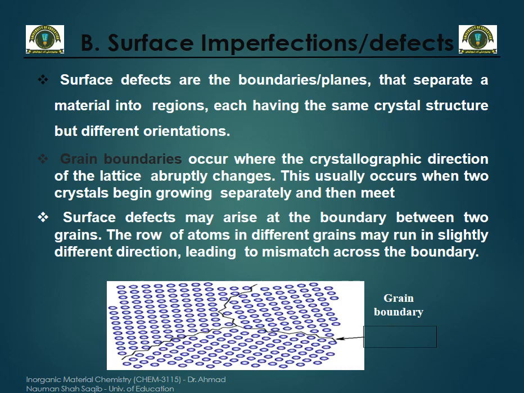Surface defect may arise at the boundary between two grains. The rows of atoms in different grains may run in slightly different directions, leading to mismatch across the boundary. Here in the figure there is a point where all three boundaries are connected. These boundaries are known as grain boundaries.